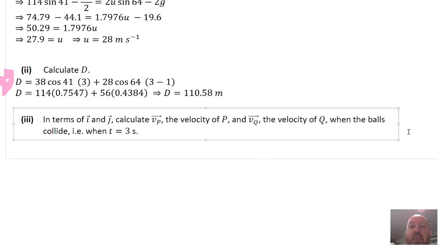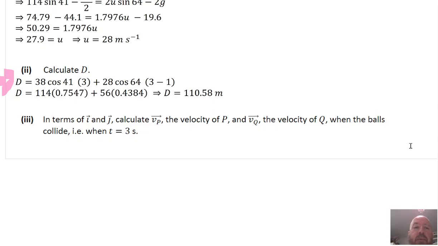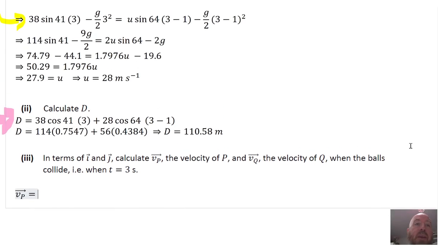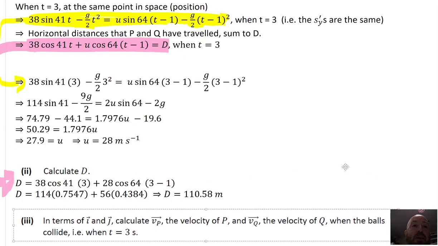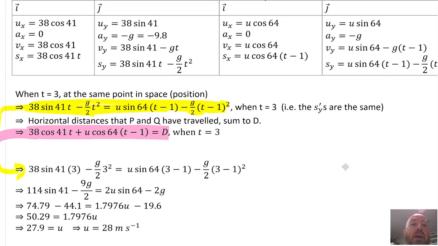So what I would recommend here is I would write down Vp, and just get from our table at the very start what that's going to be, and write it down with t in there, and then also the Q one with u in there, and then put the numbers in. Just write them down so you have it down in the correct format.